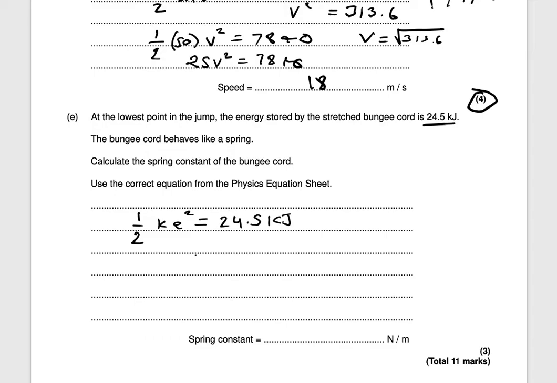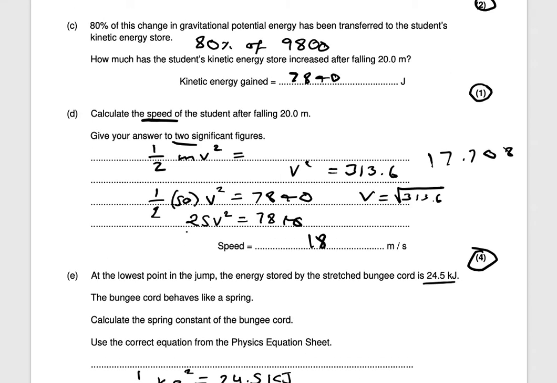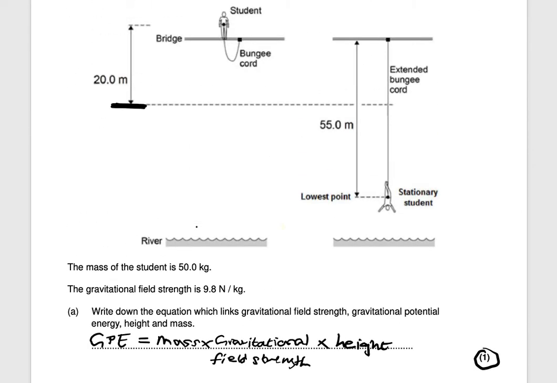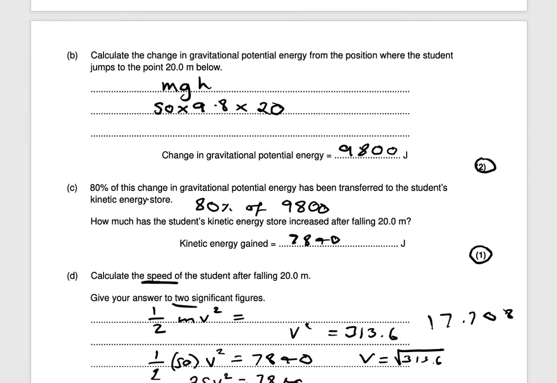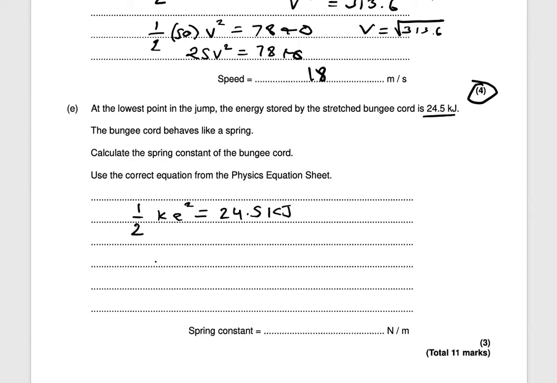Now, the spring constant is what we need to work out, and the extension we already know. If we go back to the image, the extension is from 20 to 55. So 20 to 55 is 35. Okay, so the extension is 35.